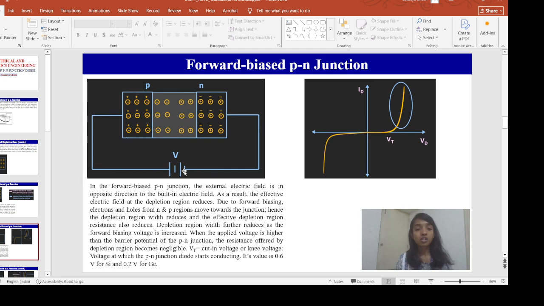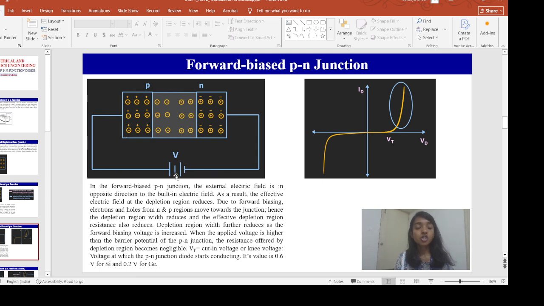In this depletion region we have positively charged donors here and negatively charged acceptors here, so an electric field will get developed. What is the direction of the electric field? Electric field is the force on a unit positive charge. So in this barrier, the electric field is from right to left, that means from positive to negative.